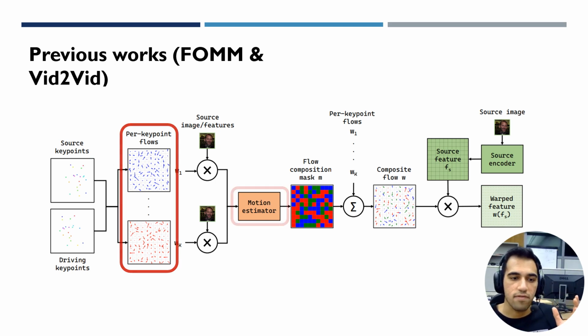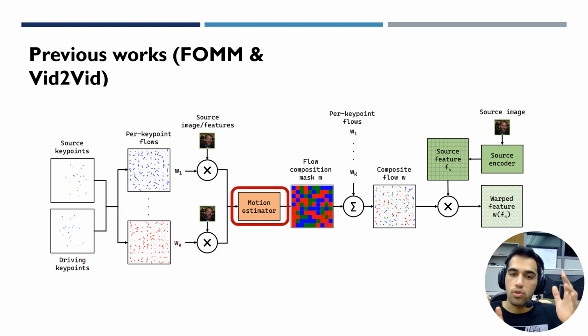So what they did after that was that they concatenated all those images together and passed it through this model, which they call the motion estimator, which detects which motions should actually be used. It's similar to the attention mechanism, where they have multiple frames of the image and each one of them is warped or changed in a specific way, but the model is trying to learn which ones are the most appropriate and should be used.